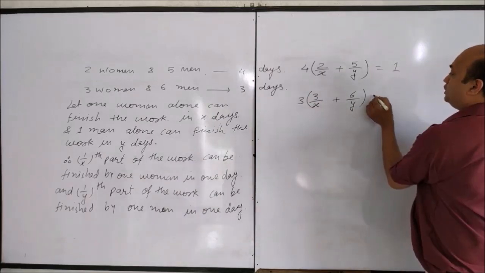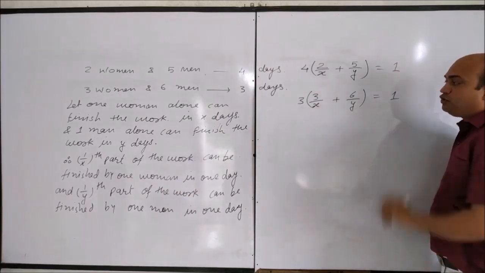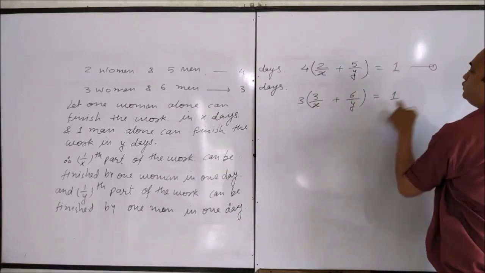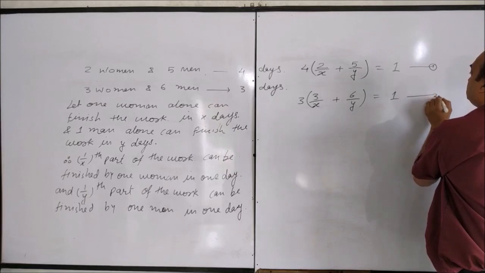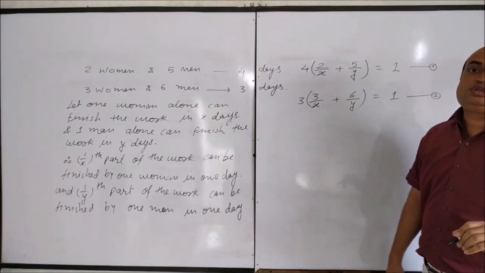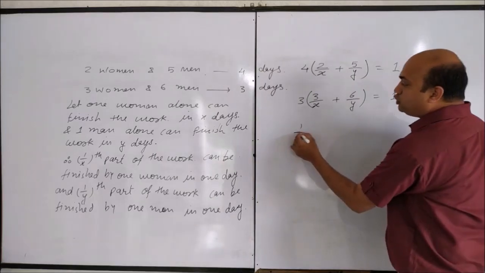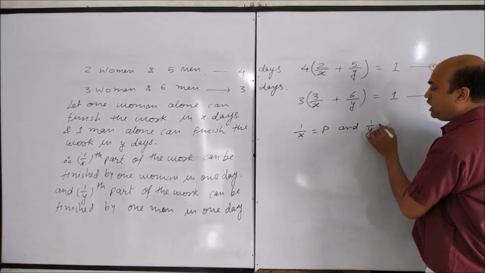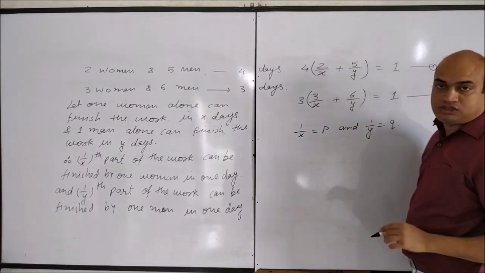That is the complete work. So we write here 1 for the complete work. Okay, from here we will get equation 1, and from here we will get equation 2. To convert this to the linear equations, 1 upon x we put as p and 1 upon y we put as Q.